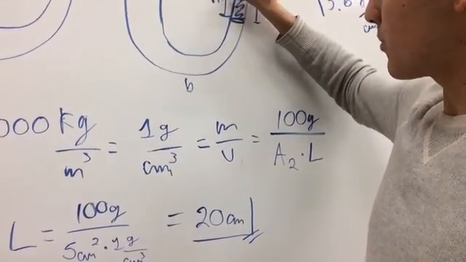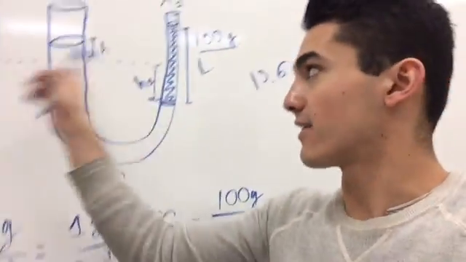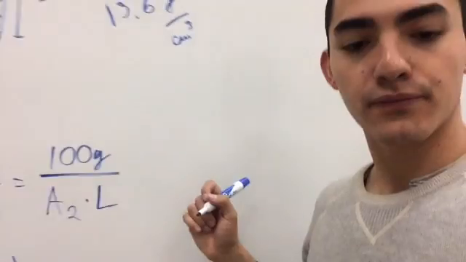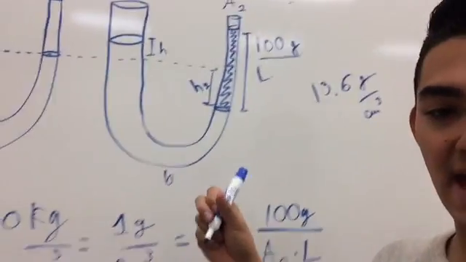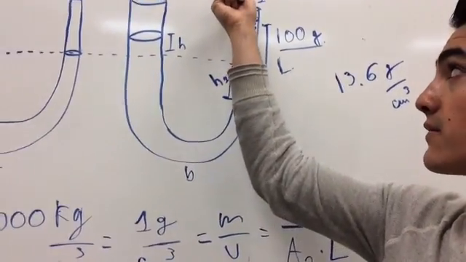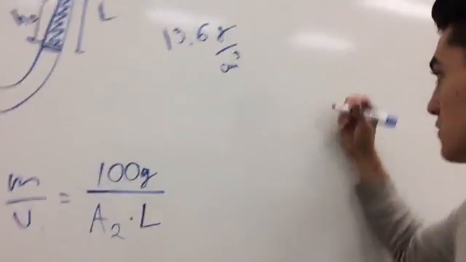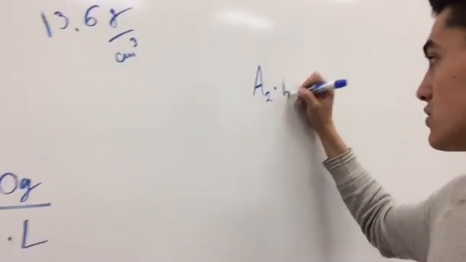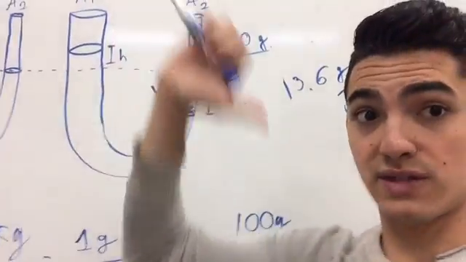So we can name this part H2 in order to make the equivalence to get the height of this distance. Now we begin knowing that the volume from here, this part, considered A2 times H2, is the quantity that goes down.